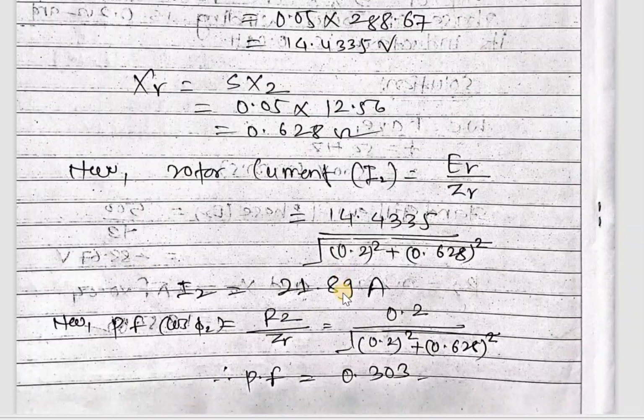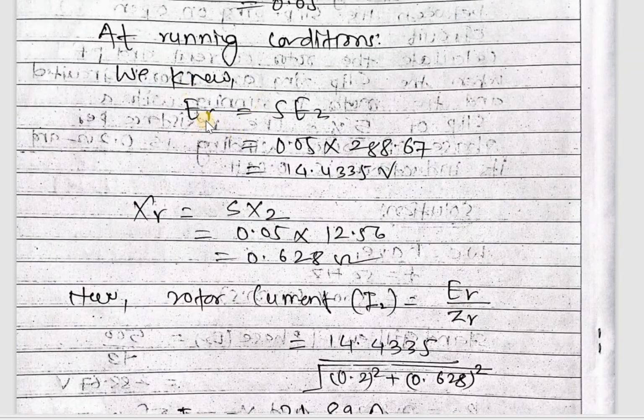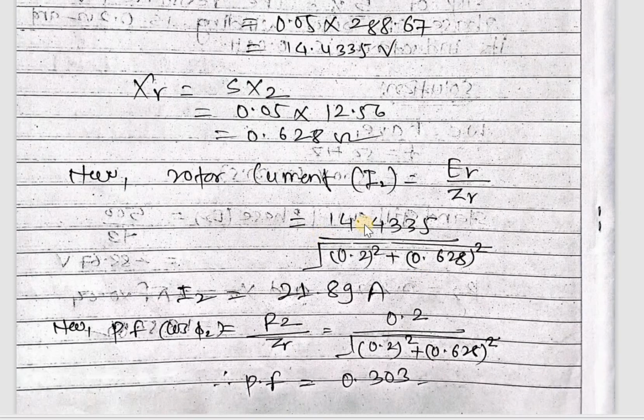And again the rotor current equals Er upon the impedance. Er is the rotor voltage and Xr is the rotor reactance, so I2 equals Er upon root under R square plus Xr square. Er we have already defined above, and Xr is 0.628.